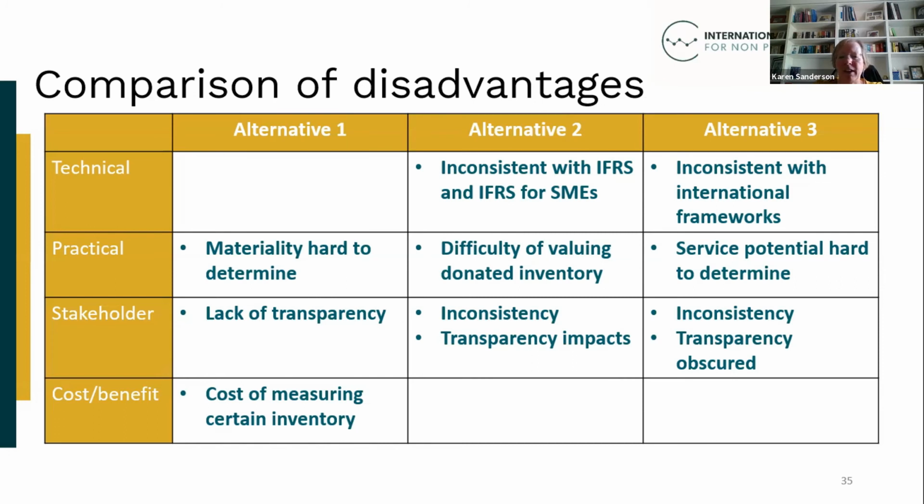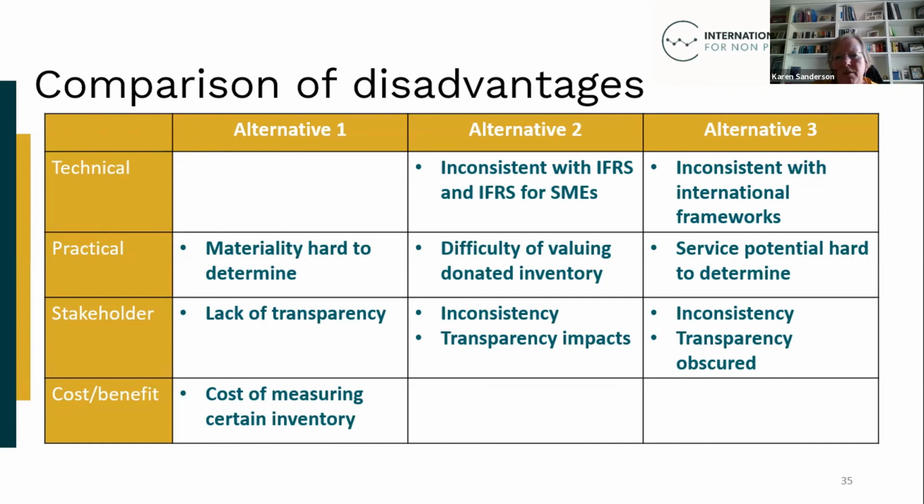As noted, measuring inventory might be costly and could be the most costly under alternative 1. So that's a snapshot of some of the advantages and disadvantages that could be there. Again, not exhaustive, but it gives you an indication of some of the things to think about.